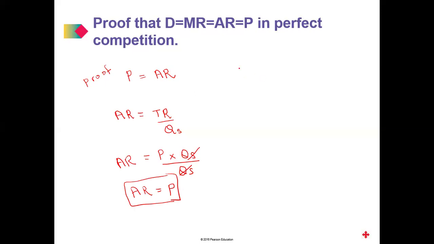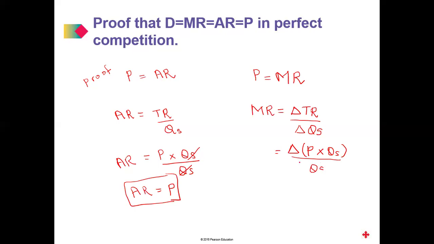Then I'm also going to provide proof of this statement that price is equal to the marginal revenue. So recall the formula for marginal revenue, which is the change in total revenue divided by the change in quantity sold. And again, recall the formula for total revenue, which is price multiplied by quantity sold, divided by change in quantity sold. Now, the formula for total revenue is price into quantity sold.